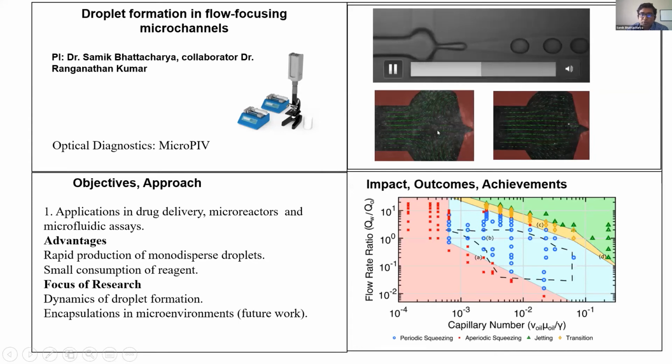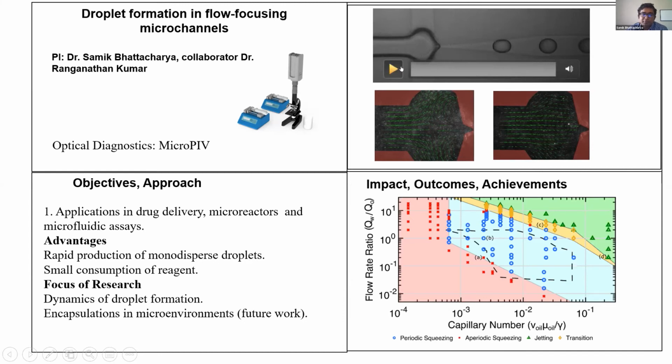The total width of this image is just 200 microns. And as you can see, we have been able to resolve the flow field in this type of microscale application. The objective here is to study droplet dynamics and droplet development, with the ultimate aim of generating encapsulated droplets, which are very important in present-day drug delivery, microreactor and microfluidic applications.